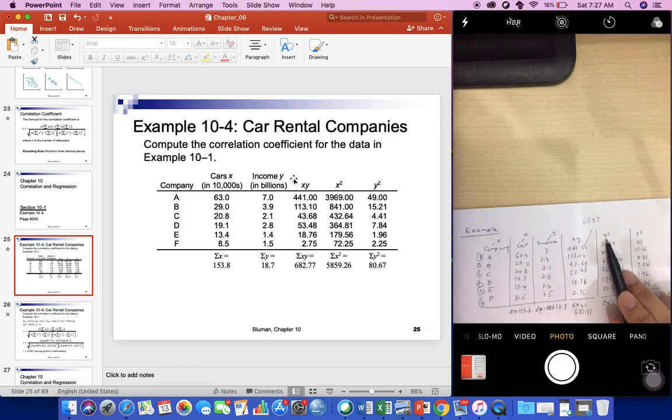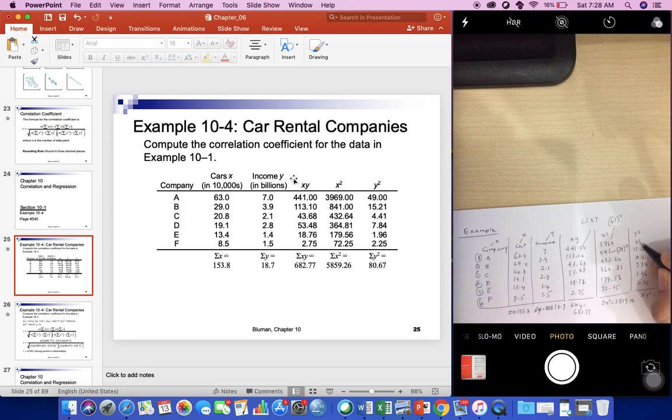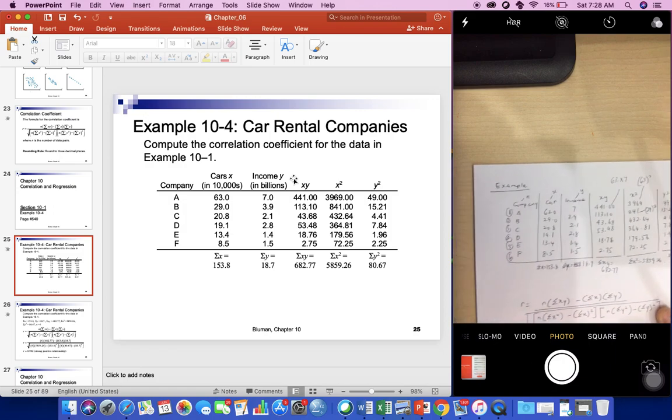And then for x power of 2, it is 63 power of 2, and this one 29 power of 2. What about y power of 2? It is 7 power of 2, and then 3.9 power of 2. Then try to sum up all.